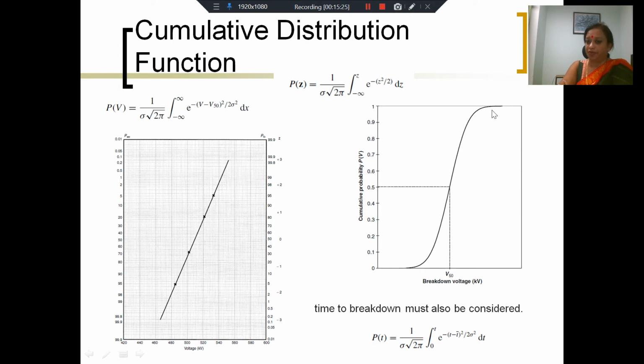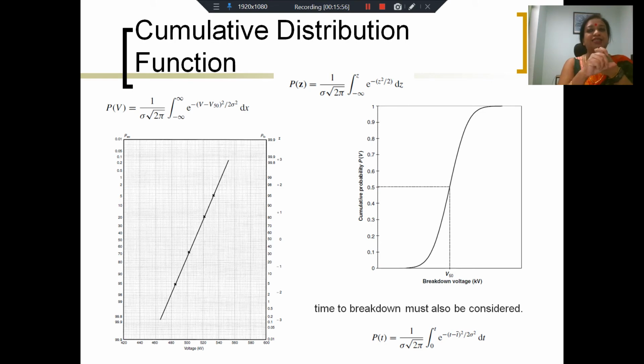So we don't really work with this. The critical value of flashover or disruptive voltage is this V50. V50 is the voltage for which the probability of failure is 50%. And now you must understand what I did not point out in the previous slide. When I'm talking about that voltage which has 50% probability of failure, it does not mean that there is a 50% probability associated with that particular value.